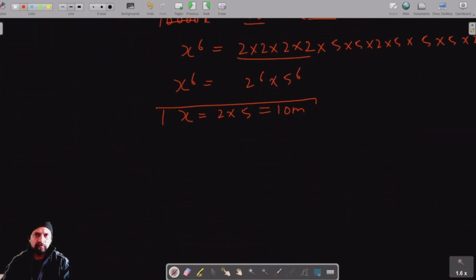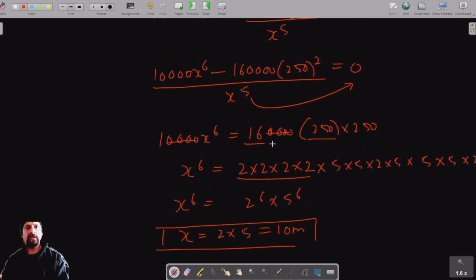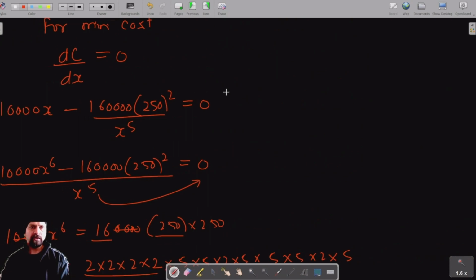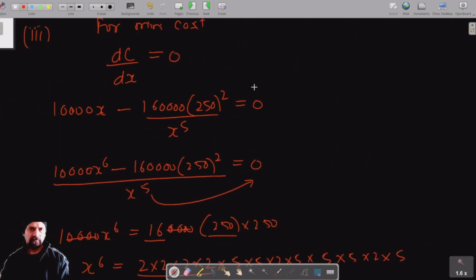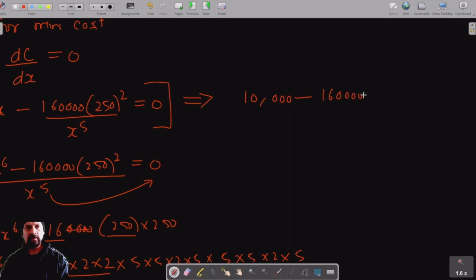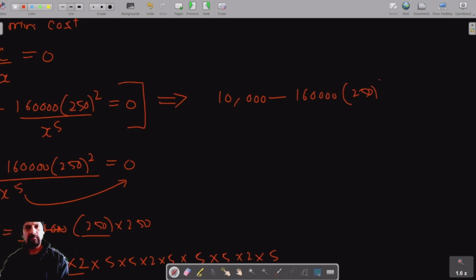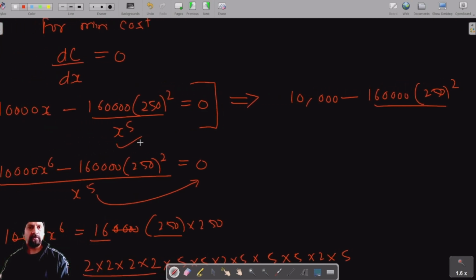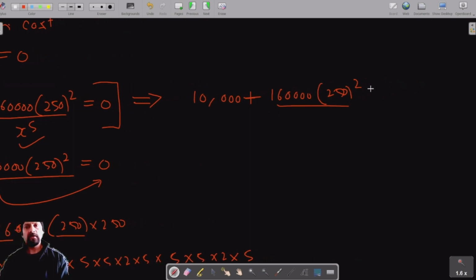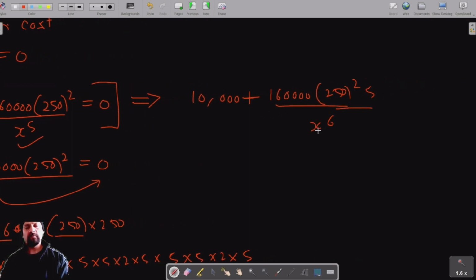And we have to make sure that when it's 10 meter, the cost is minimum. So that means we have to find the second order derivative. This is the first order derivative, and let's find out the second order derivative. That would be 10,000 minus 1,60,000 into 250 squared, and now differentiation of x raised power 5 is negative 5, which would make it plus, and this is 5 upon x raised power 6.